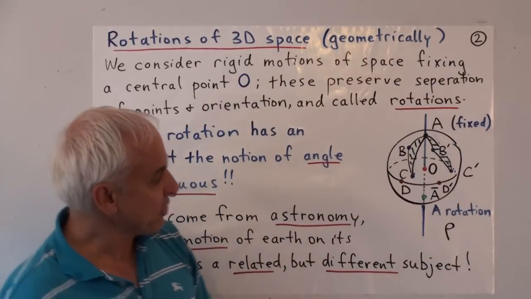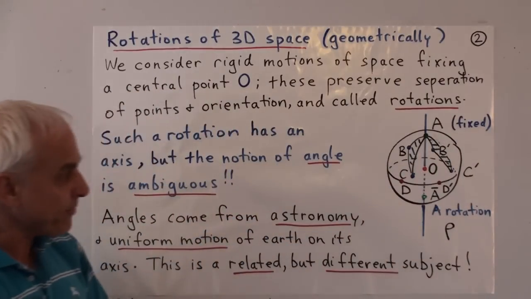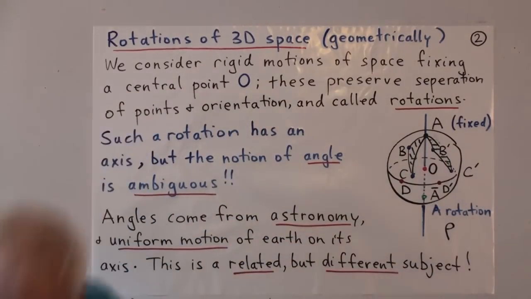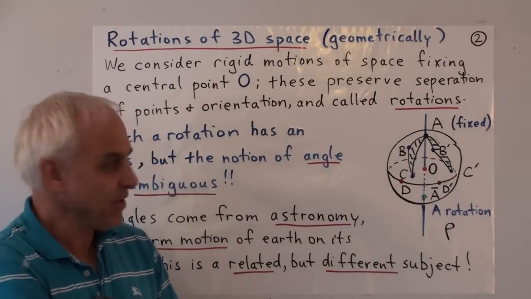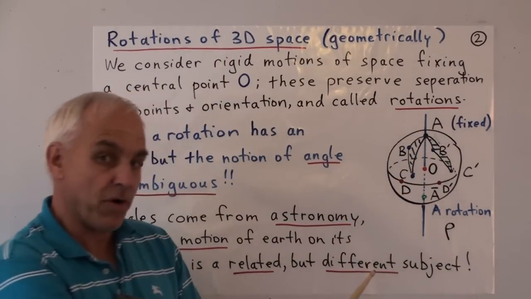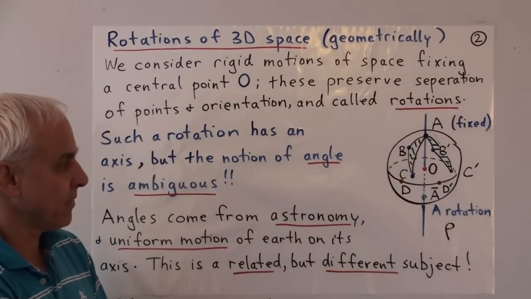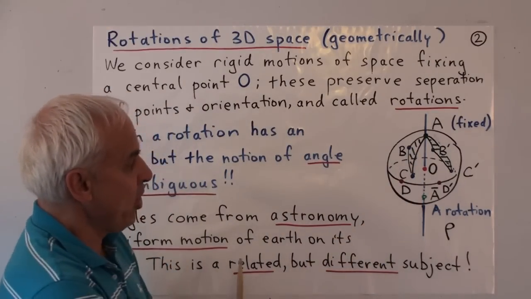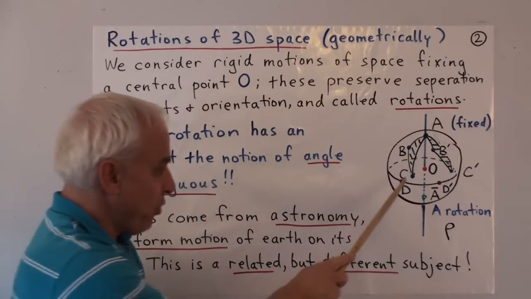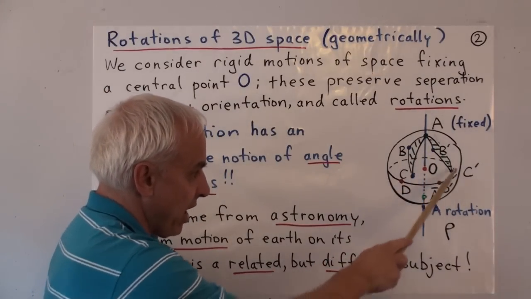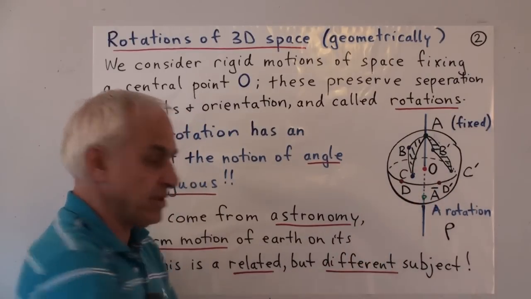So on our diagrams, we're going to have pictures like this. Our sphere represented by this little picture here, and here maybe is the axis of the rotation with fixed points like the North Pole and the South Pole, say A and A bar. And we have some rotation which sends, say, that point B to that point B prime, that point C to that point C prime, that point D on the equator to that point D prime.